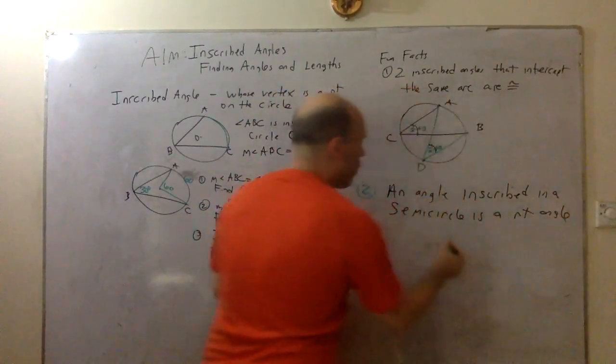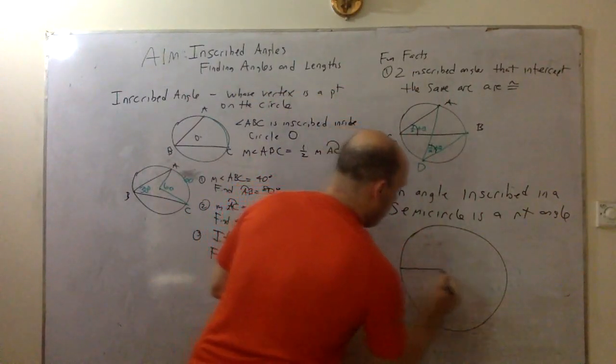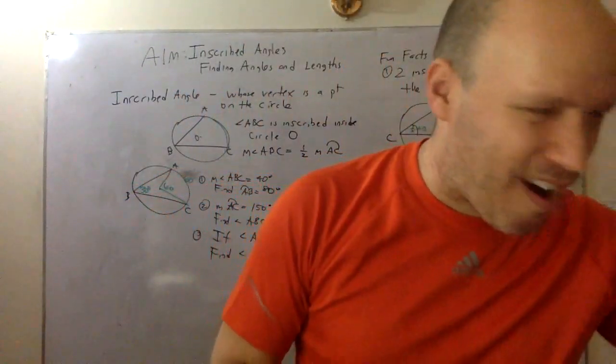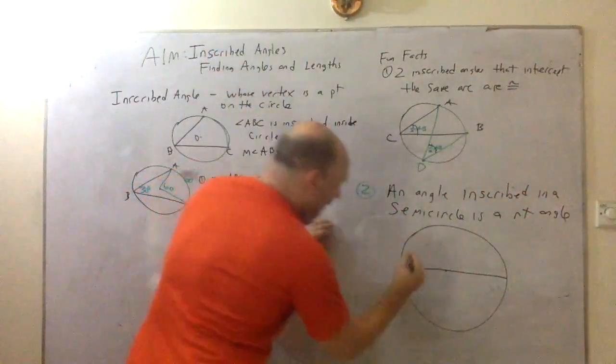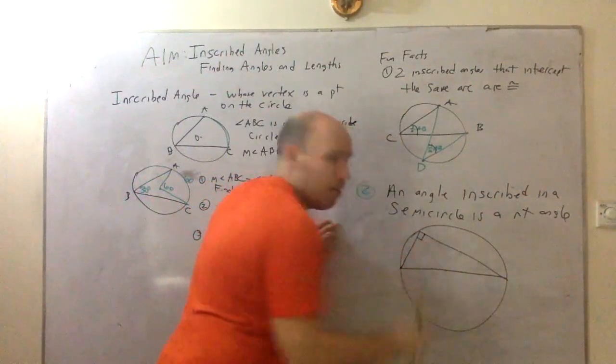This is awesome. Take a circle, draw in a diameter. And any angle you inscribe in there is a right angle. Like anything, that's a right angle.